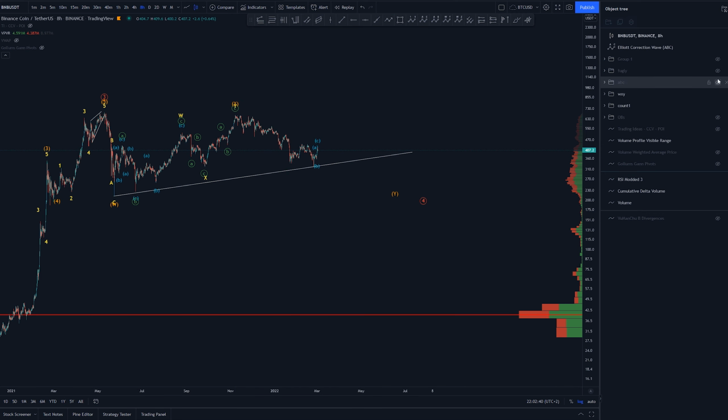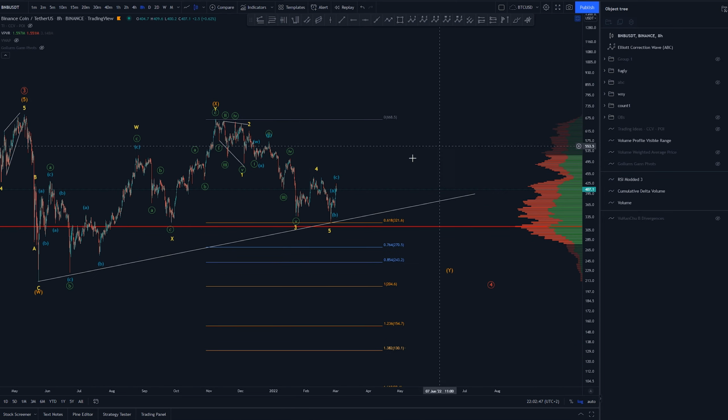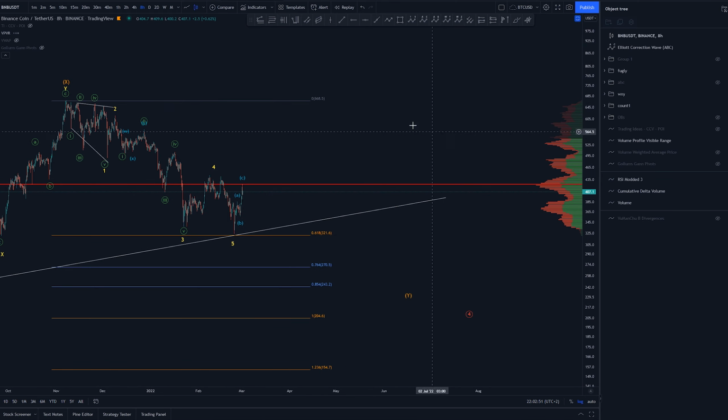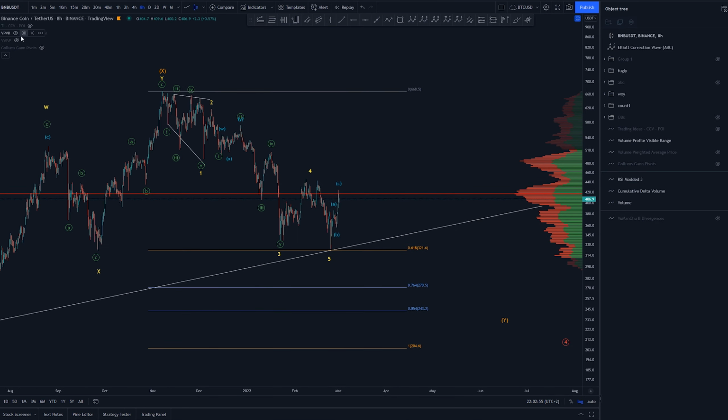ABC count. Now I got another one here, but this is named fugly, and if you know what that means, then good. If not, well, you're about to find out.